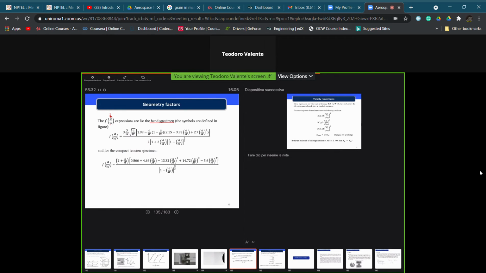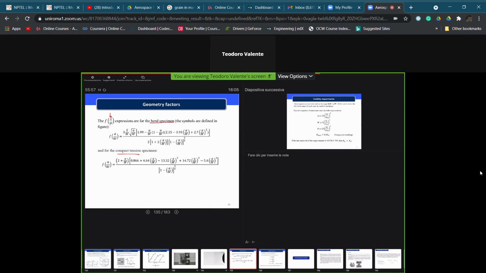This is the expression which must be used for the CT specimen. They are written inside the standard. They have obviously been tested and defined also according to measured experimental stress concentration values, for example with strain gauges, as we have seen in one of our lessons.